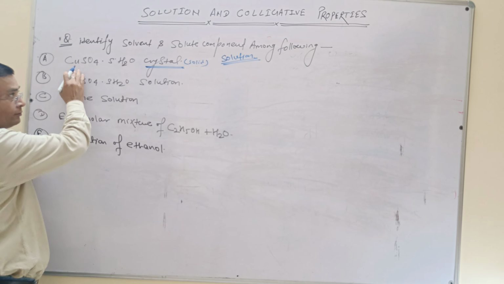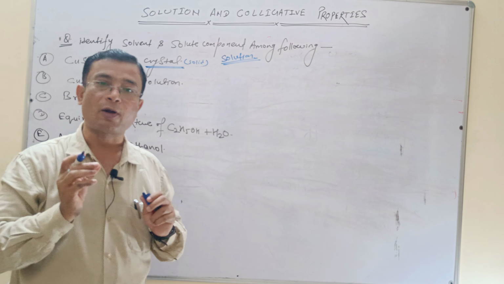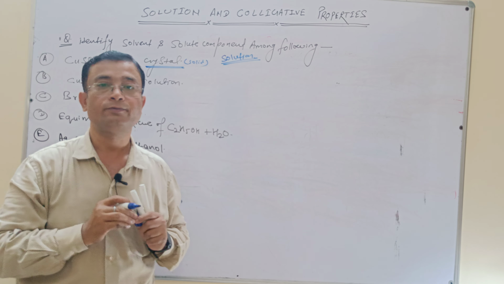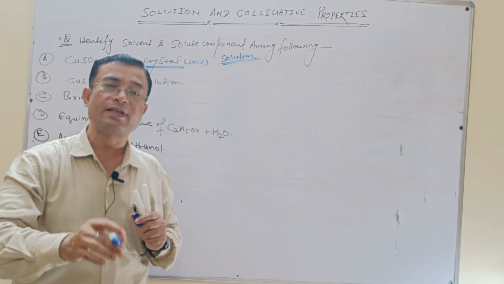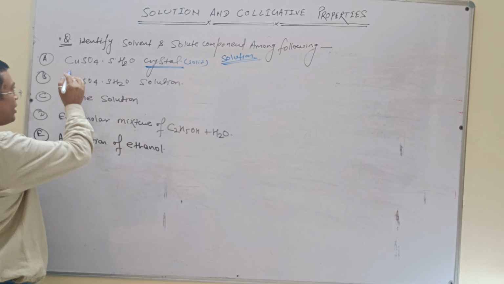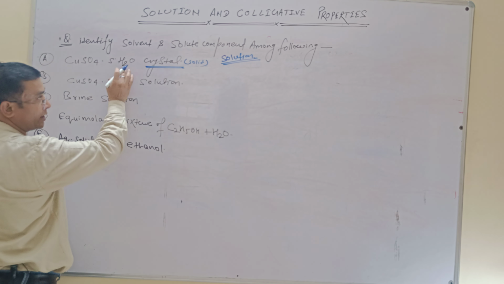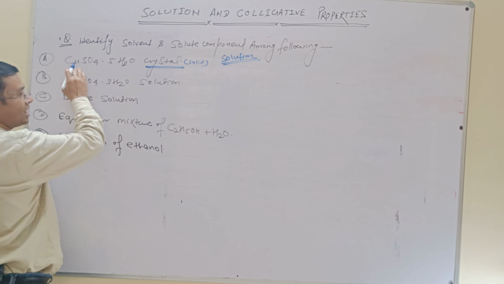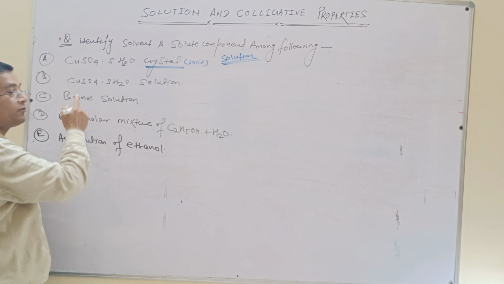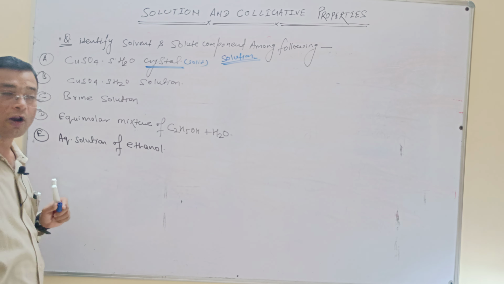My dear, what happened? In a solution, the component which retains its physical state is called the solvent, and the other component which loses its physical state is called the solute. Because in the copper sulfate crystal, copper sulfate retains its physical state, the solid state, copper sulfate is called the solvent.